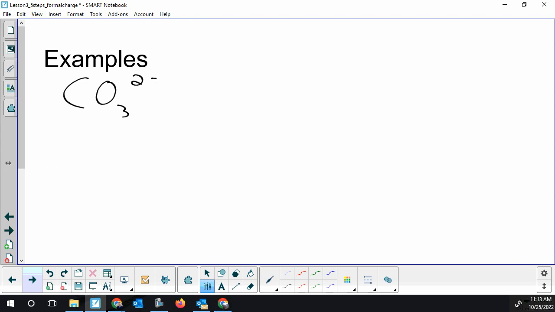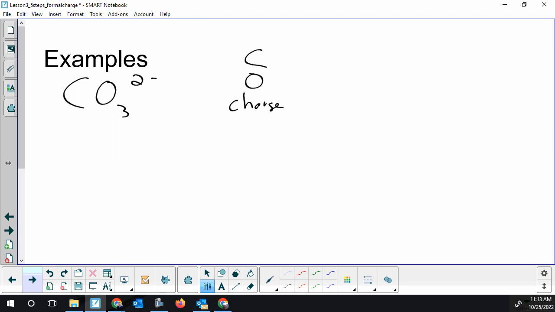So you may want to have those 5 steps open in your notes or keep glancing at them. So you want to think of where do you start with ions or things that bonding capacity doesn't work, and it's counting the electrons first. So I've got carbon, I've got oxygen, and then I have to factor in the charge.